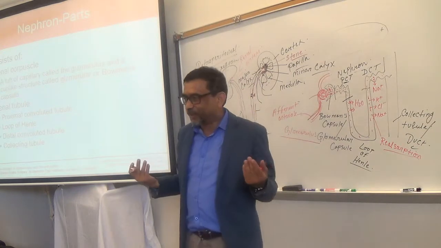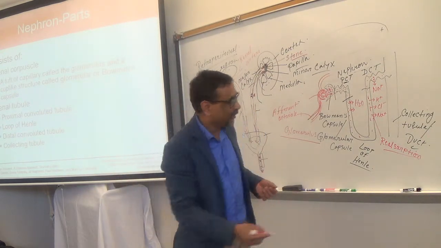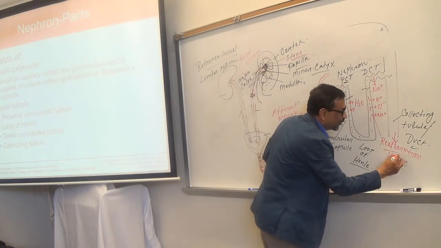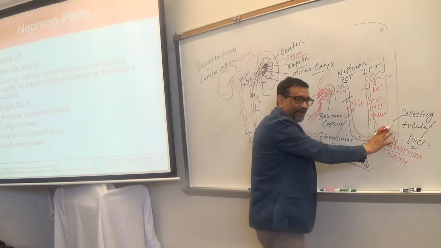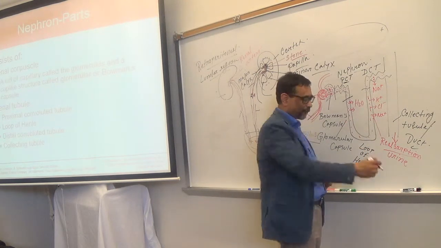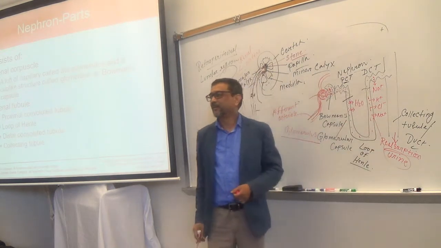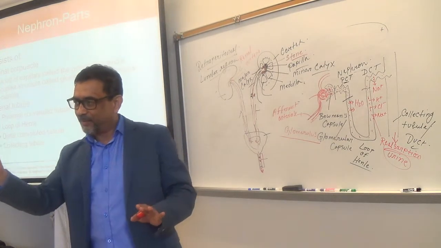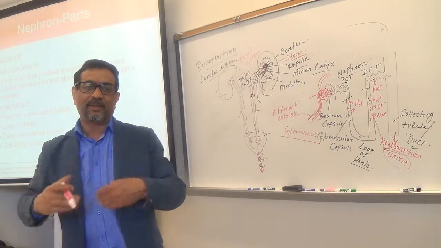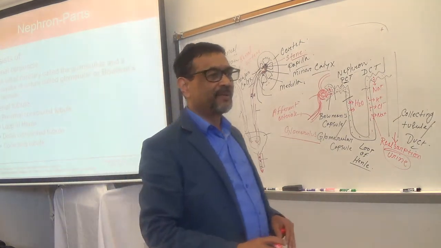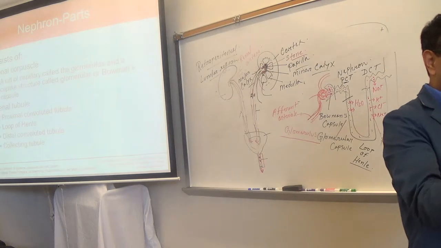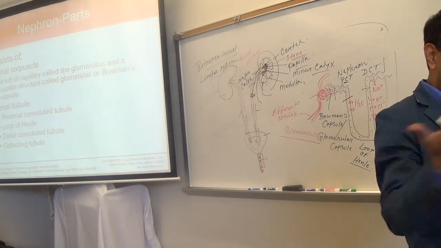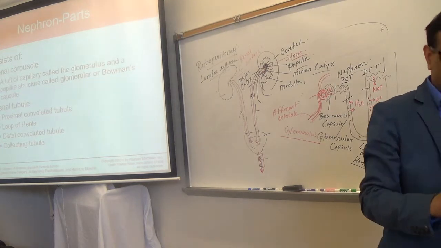Water is not returning into the body. That means water is getting out as urine. Anything that remains inside the nephron finally will get out as what? Urine. Is it clear? Anything that remains inside the nephron finally will get out as urine. Anything reabsorbed, that means what? Retaining, right? Staying in the body, going back into the body. Is it clear? Okay.